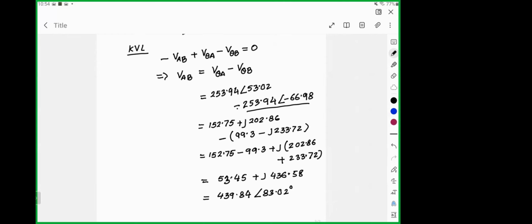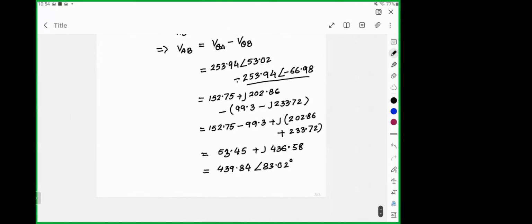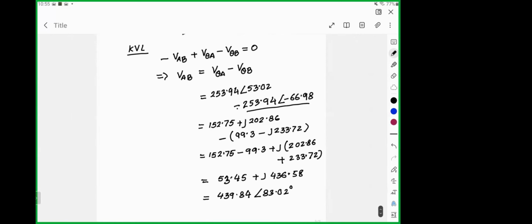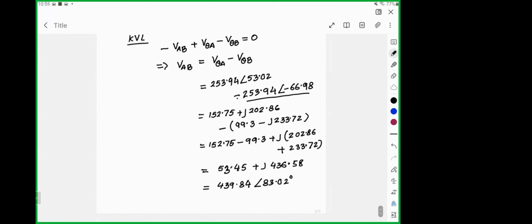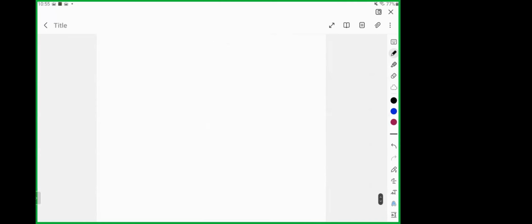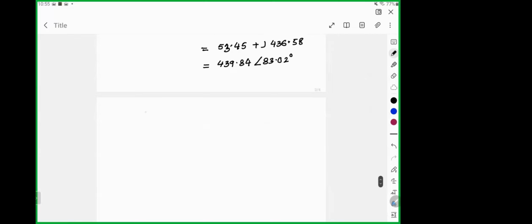Now we can do the similar for the other phases. You can do all the calculation, or we can just use similarity or analogy, because in three phase there will be a 120-degree phase shift. So using that, we can find out the next quantity.